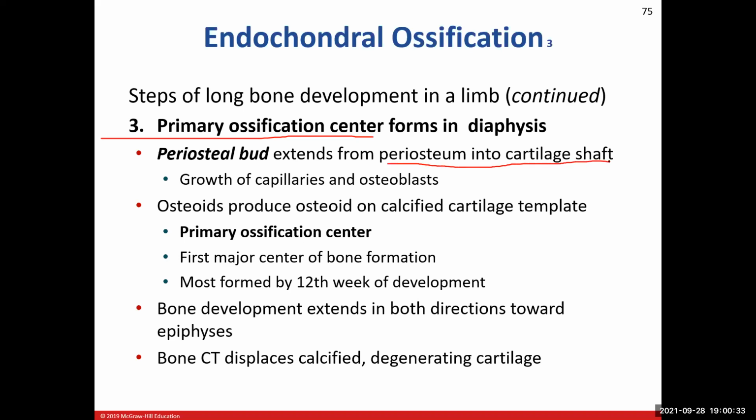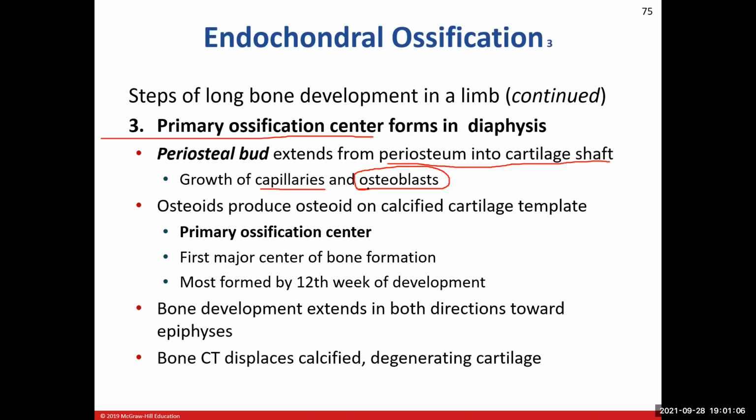And as this periosteal bud extends into the diaphysis, we're going to see the growth of capillaries all throughout the diaphysis, and we're going to see osteoblasts infiltrate that area and start to spread out. And those osteoblasts are producing that osteoid on top of that degenerated calcified cartilage matrix there.